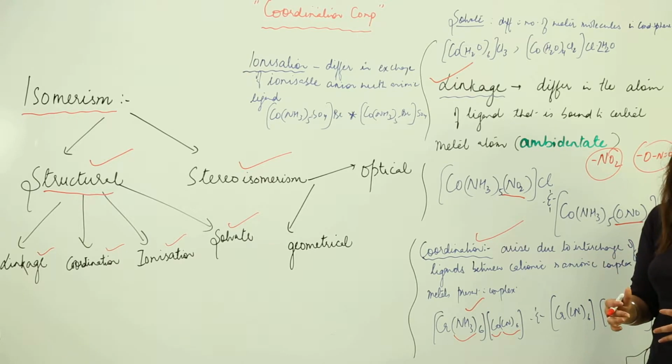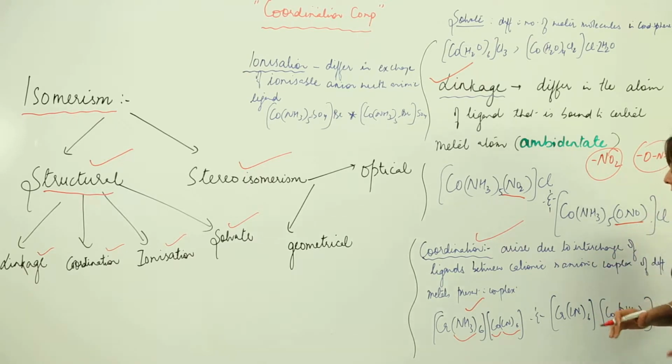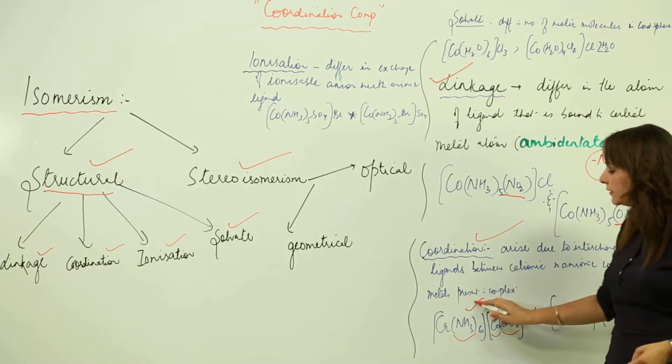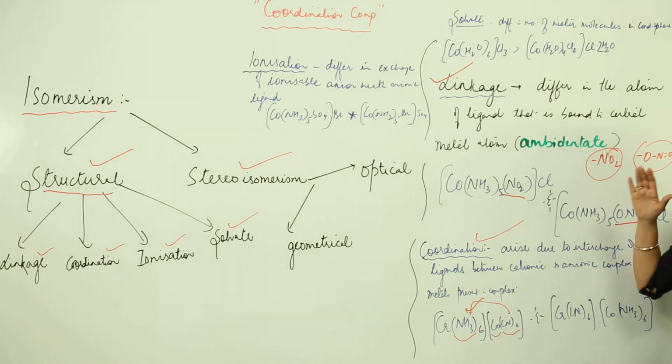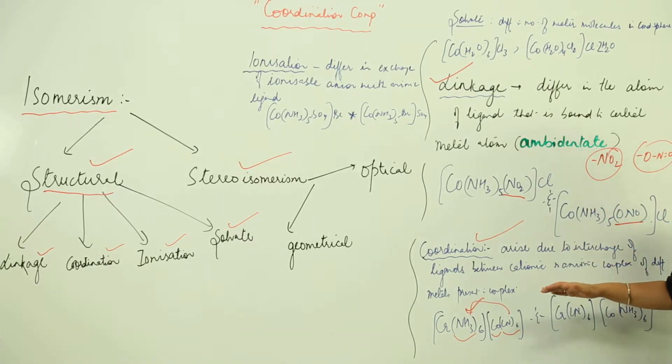We can write the isomer by just shuffling the ligands. I have just exchanged the ligands. Now cyanide is the ligand for the chromium and NH3 is the ligand for the cobalt. This exchange of ligands between the cationic and the anionic complex is coordination isomerism.